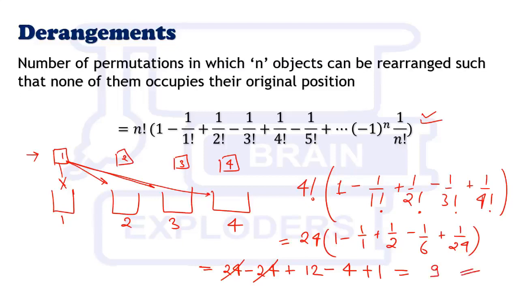So there are 9 possible derangements for this particular example.